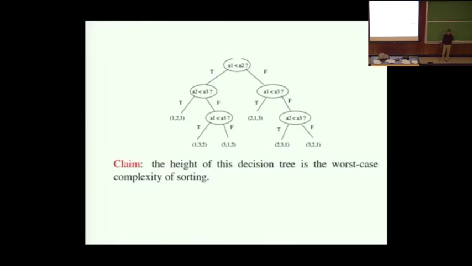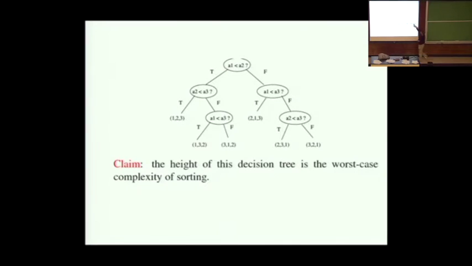Let me say this one more time. In insertion sort, if the items were 1, 2, 3, it compares the first element of the input against the second element of the input. It decides that this is less than that, so this is fine, right? It then compares the second element of the input to the third element of the input. If it finds that this is bigger than that, then insertion sort would say that it's done. Does everybody agree?